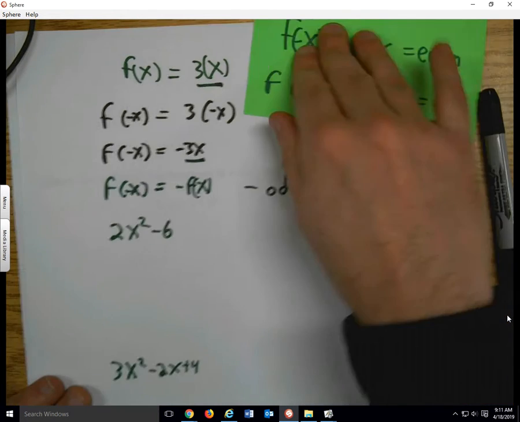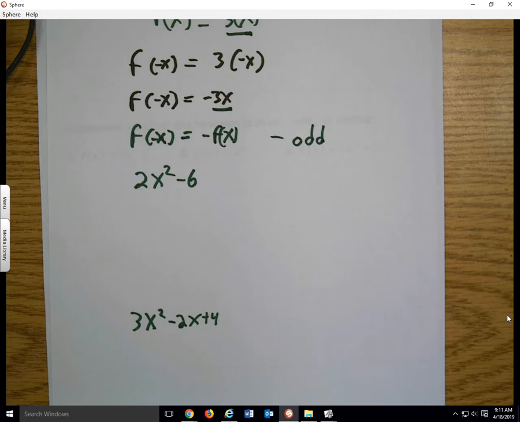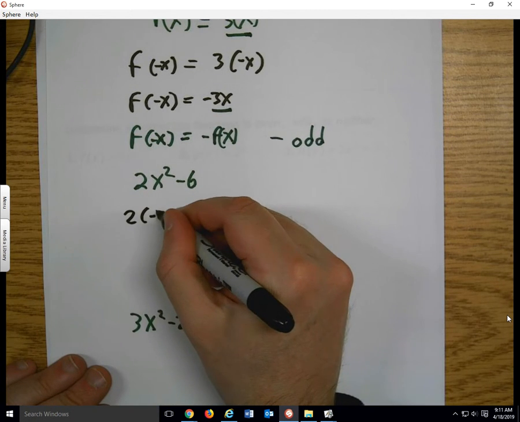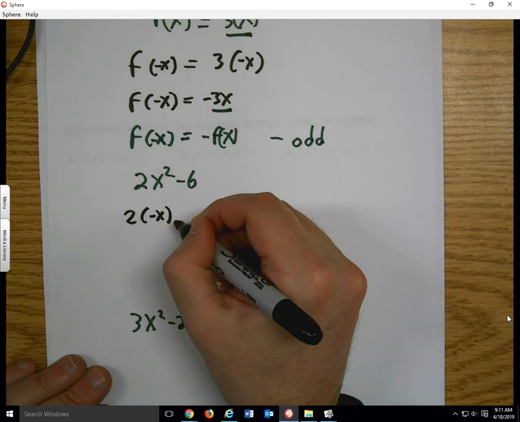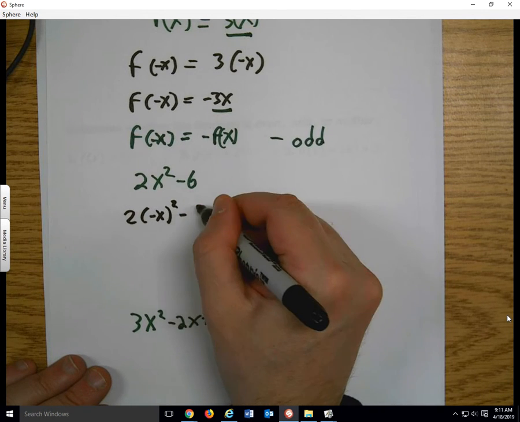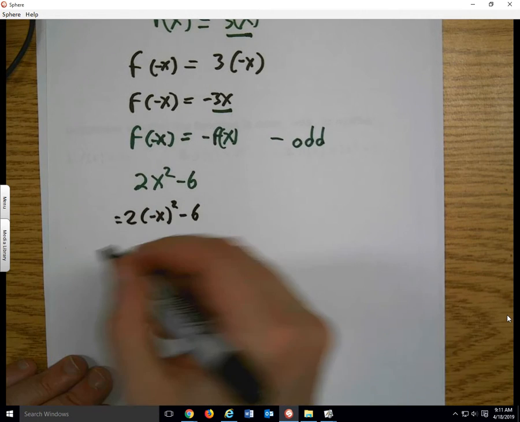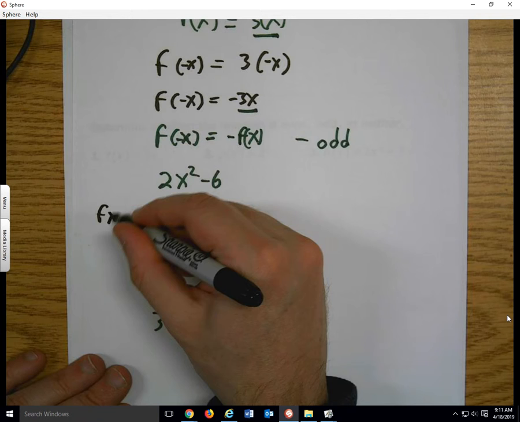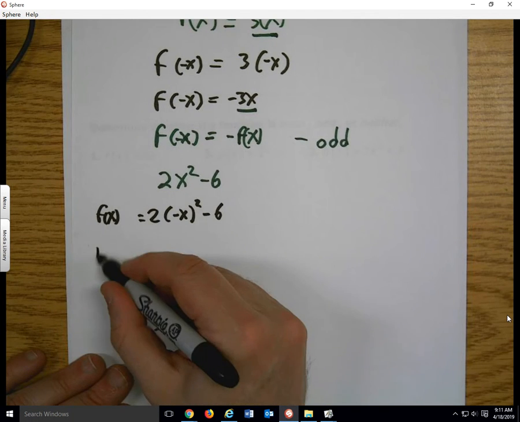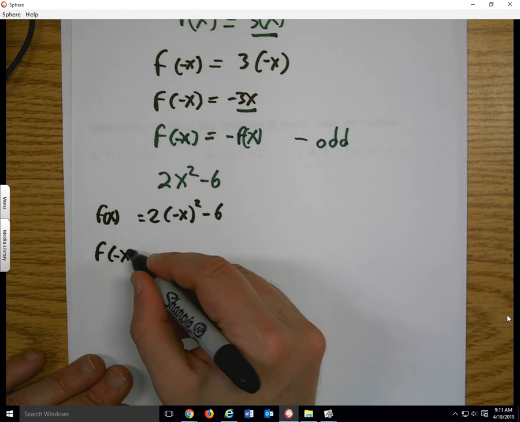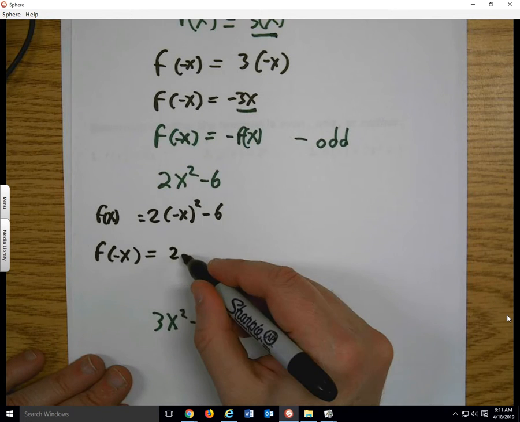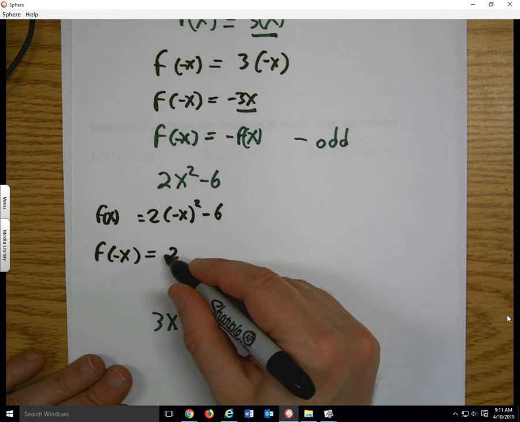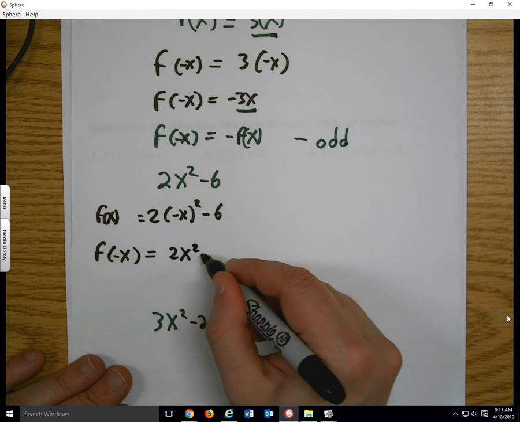Okay, let's do another one. Same steps. Instead of an x, we're putting a negative x. We're multiplying it by negative 1. You know what, I forgot the f of x in the beginning. Let's write that real quick. So it would be f of negative x equals, if we simplify this, a negative times a negative is a positive. So it would be a positive 2x squared minus 6.